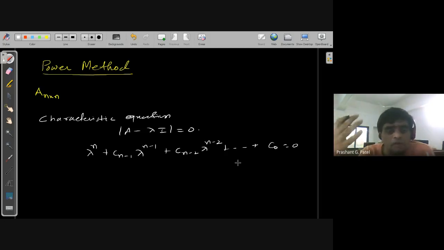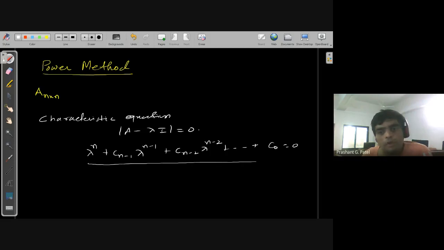For a large value of n, that means your matrix is big, a polynomial equation like this is difficult and time consuming to solve, because to find the roots of this polynomial we need to deal with lots of programming.